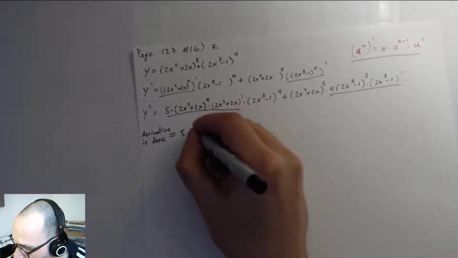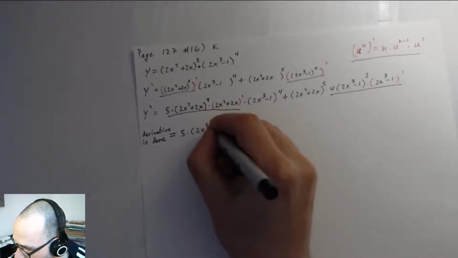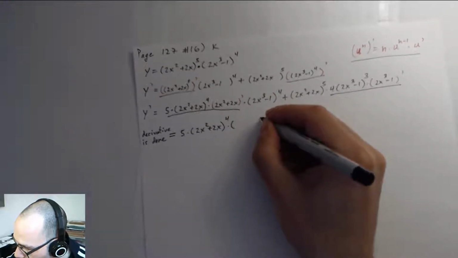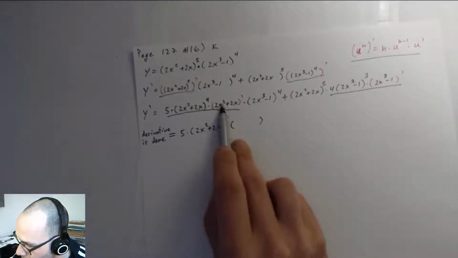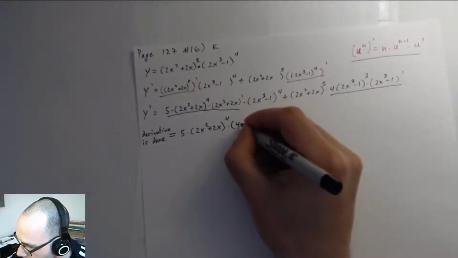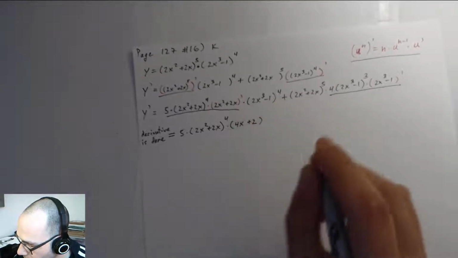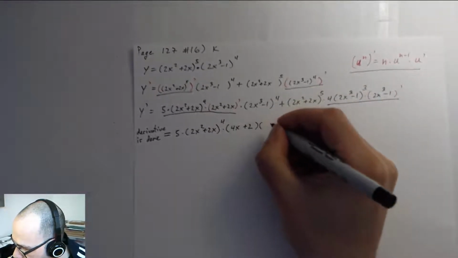So it's going to be 5 multiplied by 2x squared plus 2x, all of that to the power of 4, and I will multiply by the derivative right here. Bring down the 2. It's going to be 4x plus 2, because the derivative of x is just 1.